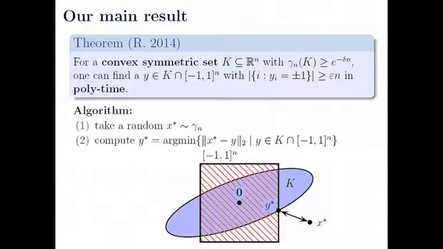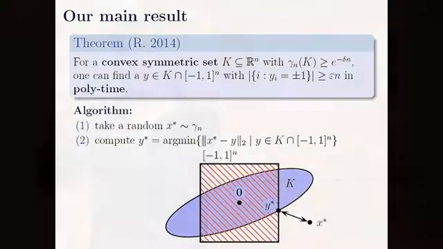You compute the point y star that lies in the intersection of K and the hypercube, and you take that point y star that is closest to X star in terms of the Euclidean distance. By definition, y star is in K intersected with the hypercube, but the claim of the theorem is that actually this point y star has the property with very high probability that a linear number of entries will be either plus or minus 1.